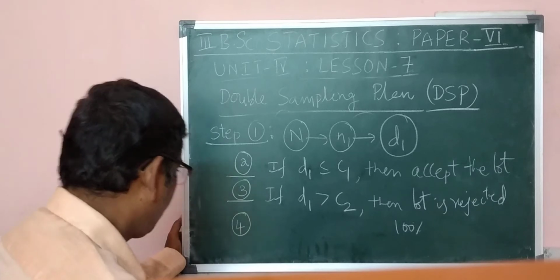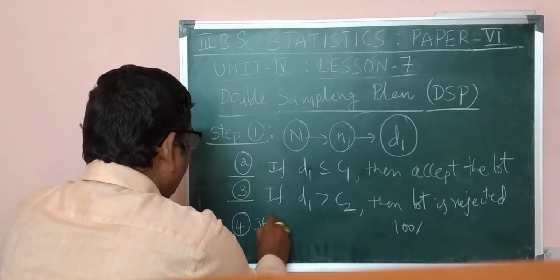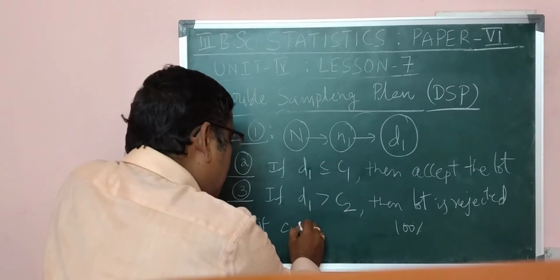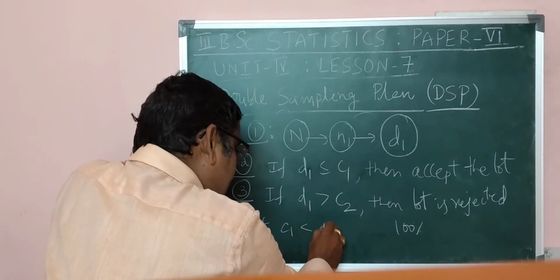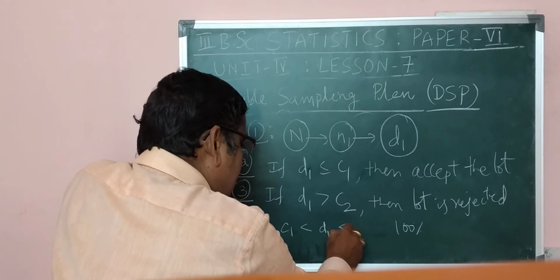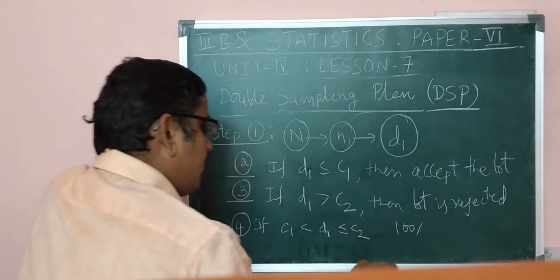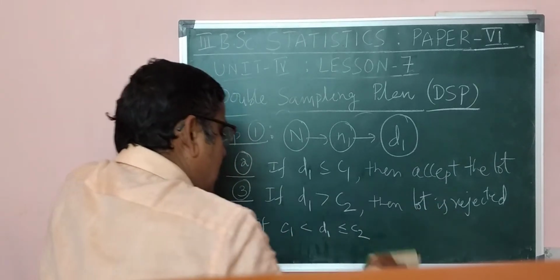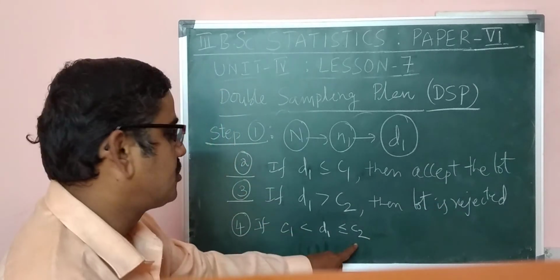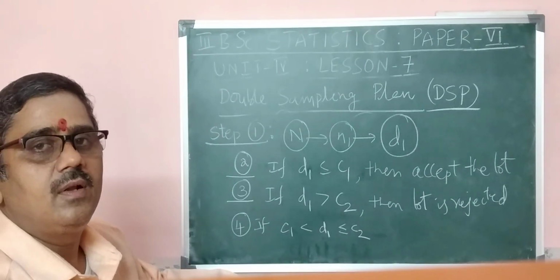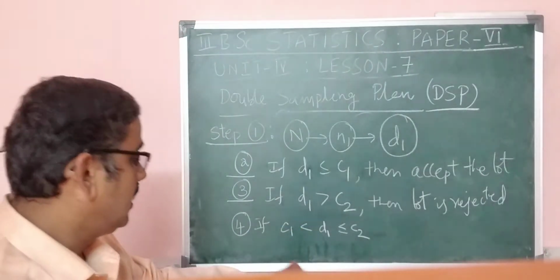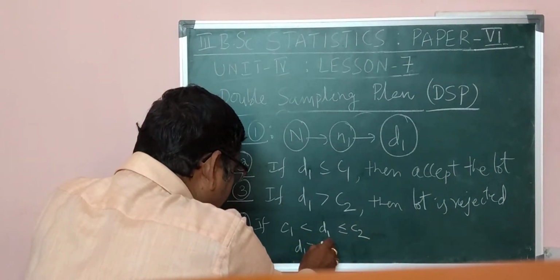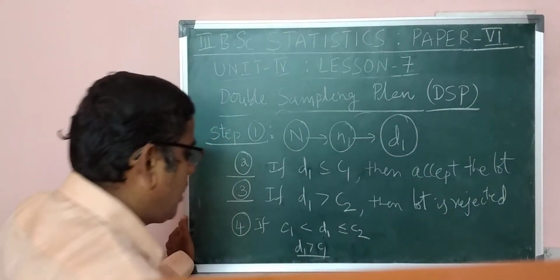Step 4. If D1 lies in between C1 and C2, in this fashion: C1 less than D1, and D1 less than or equal to C2. In this case, D1 is greater than C1, that is the first point.